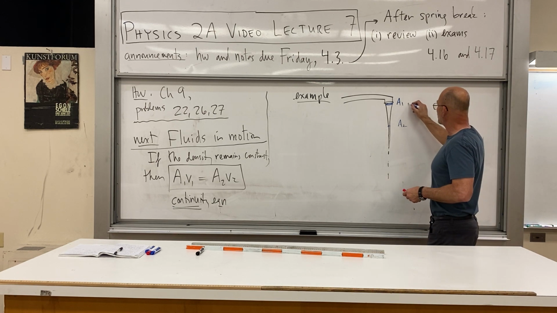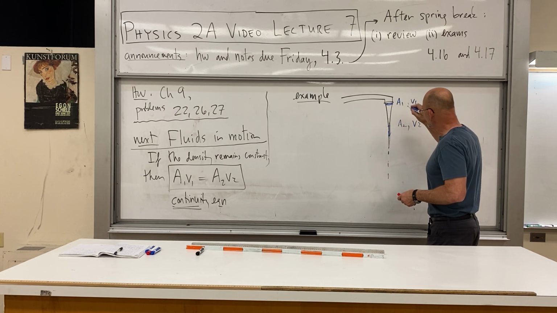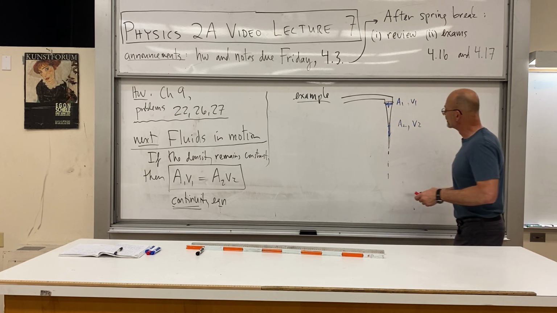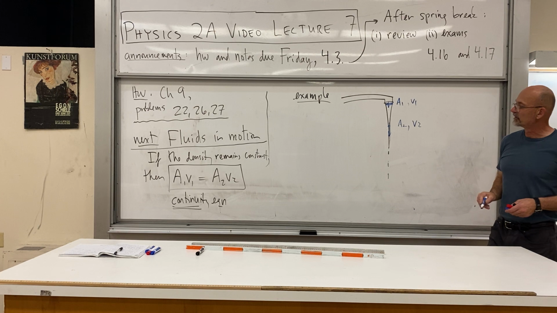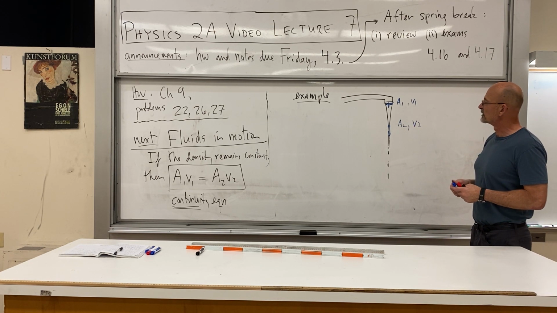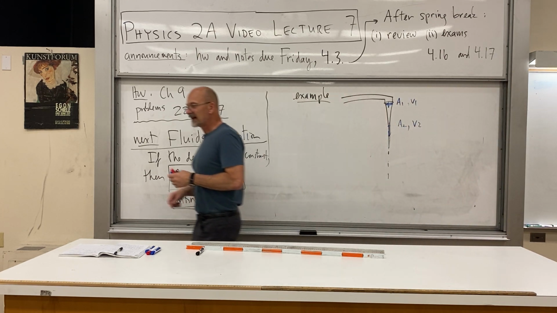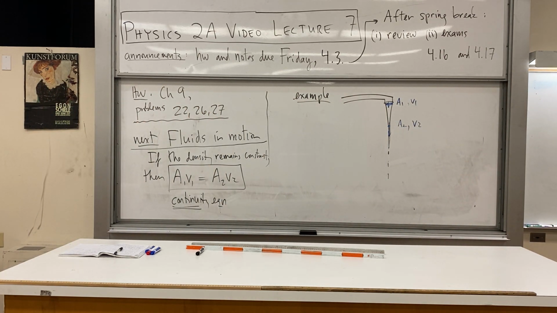So you'd have A1, V1, A2, V2 down here, and the speed is greater here, lesser there. So there's an example of the continuity equation that goes beyond the nozzle. There are others as well. I'm going to consult the text to see if there isn't a good continuity equation problem for us.